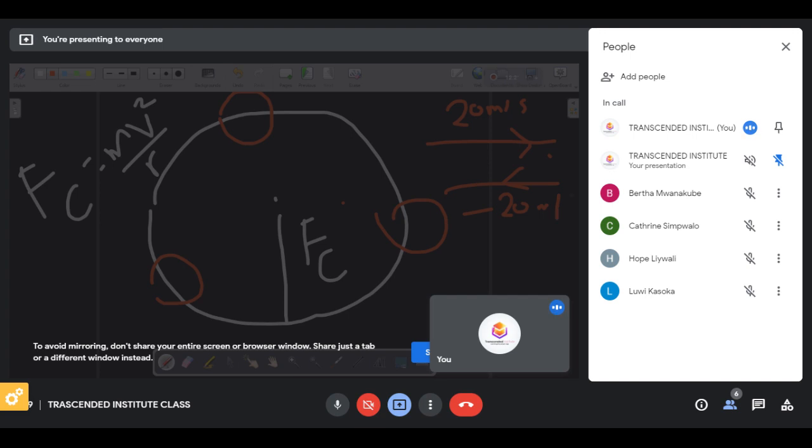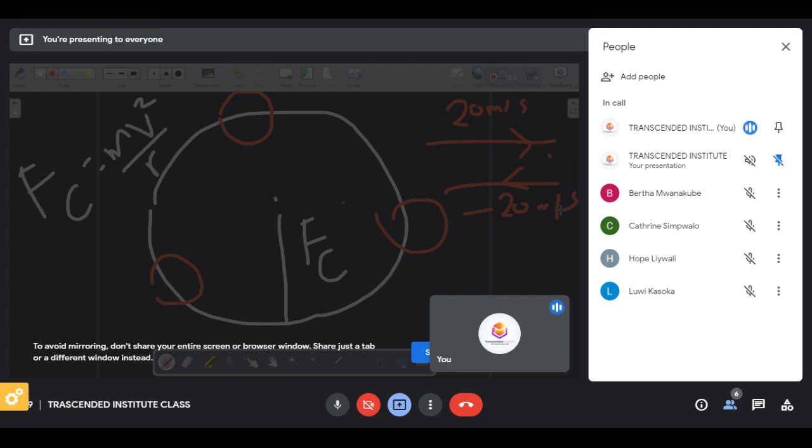The direction. But the speed will still be 20 meters per second. So what I'm trying to stress is the fact that velocity depends on the direction. It is speed with direction.